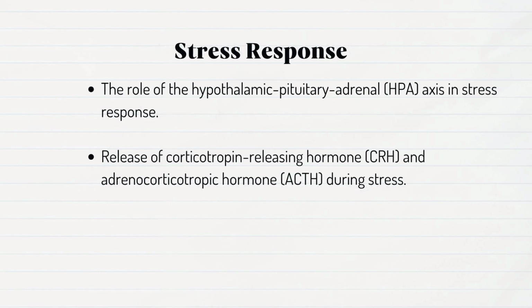In stress responses, we should know that the hypothalamic pituitary adrenal axis is essential for our body's response to stress. We will explore the release of corticotropin releasing hormone and adrenocorticotropic hormone during stress.